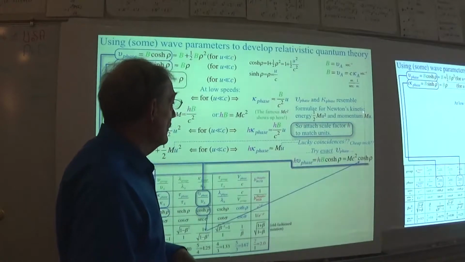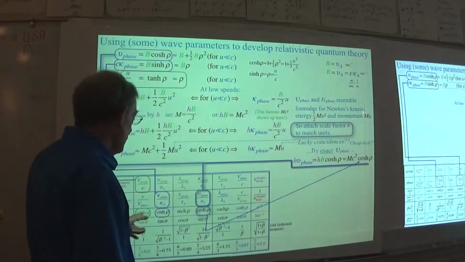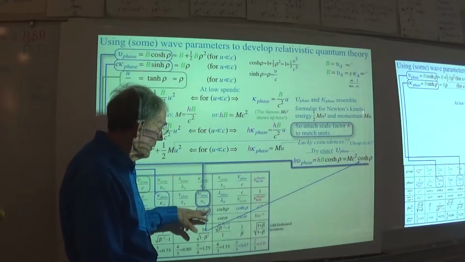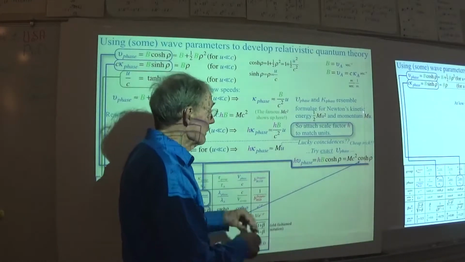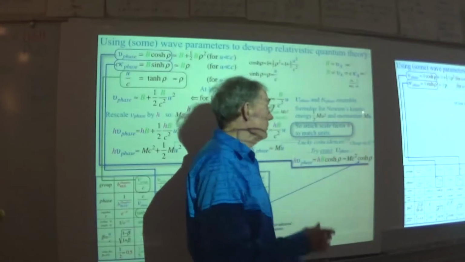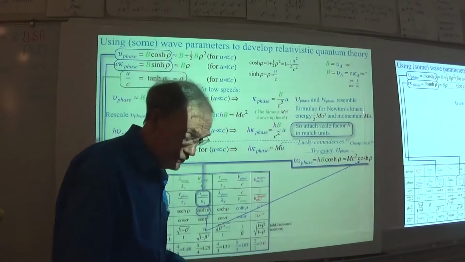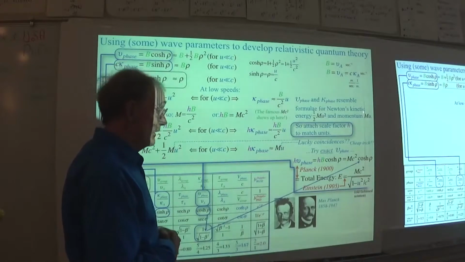So that's what we do. We go ahead and take the new phase at its word. That is, we take a hyperbolic cosine of rho and use the HB that goes in front of that, which is mc squared. So this is where we get the most basic formula of relativistic mechanics.